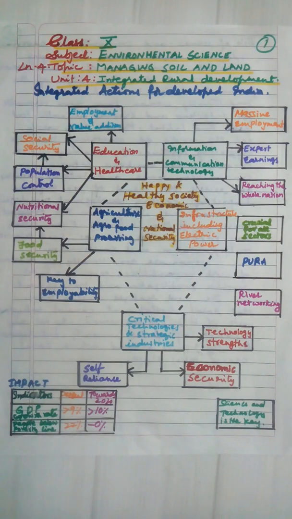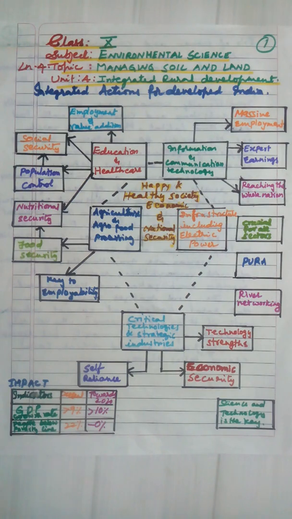Is that clear? The integrated rural development approach emphasizes the need of coordinating different agencies under a single management system of essential components. What are those essential components?